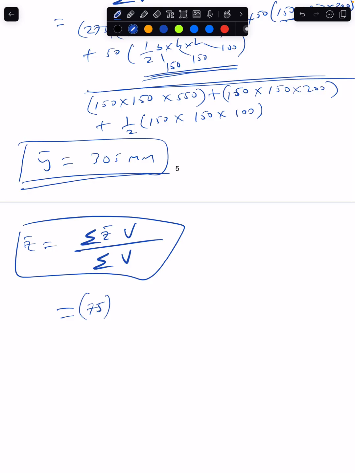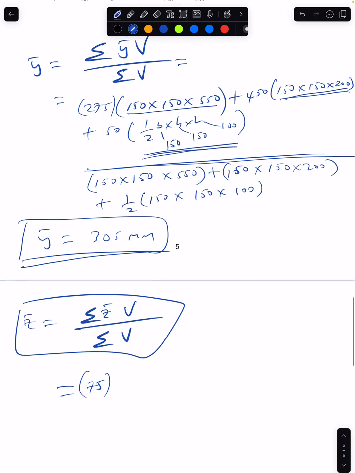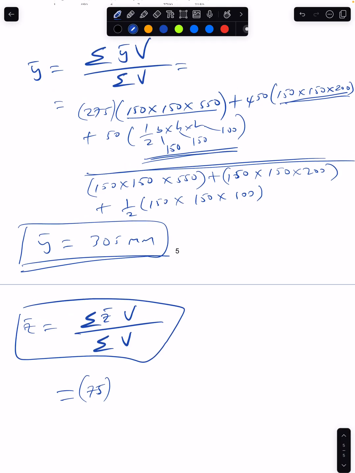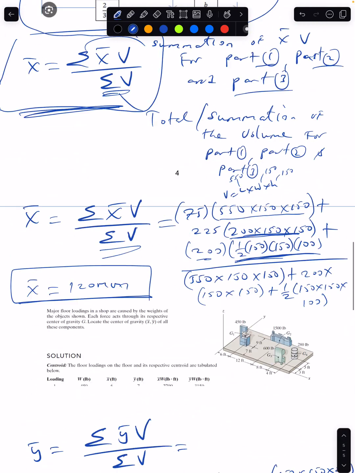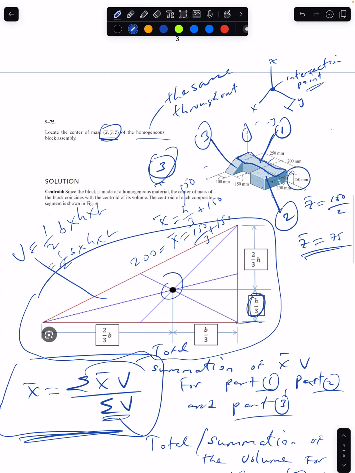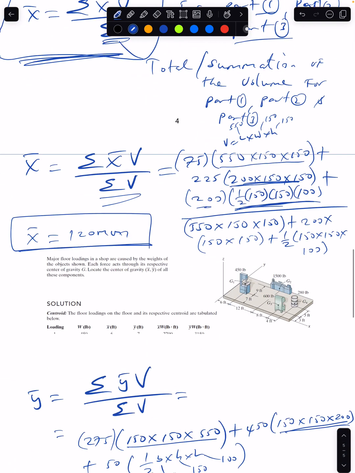And the volume is still length times width times height. So 150 is the height, the width is 150, and the length is 200 plus 250 plus 100, which is 550.